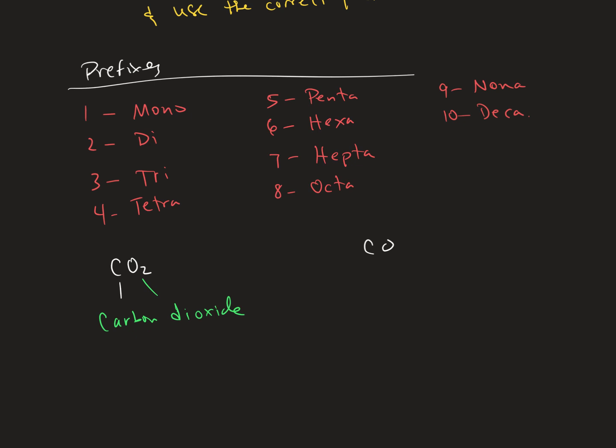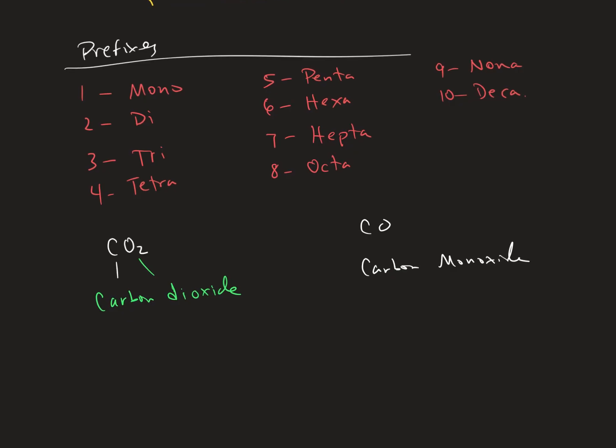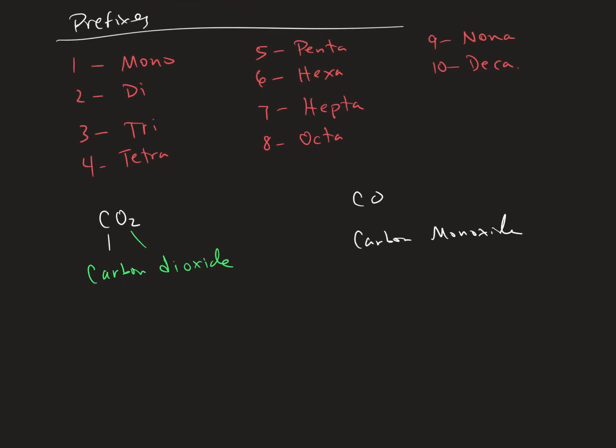We do use mono for the second element. Notice we don't say monooxide. Why? Because it looks like monoxide. We don't do that. Okay?